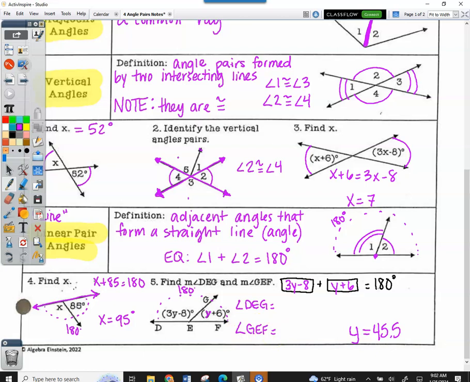What do you get for the two angles? Angle DEG measures what? Okay, tell me.